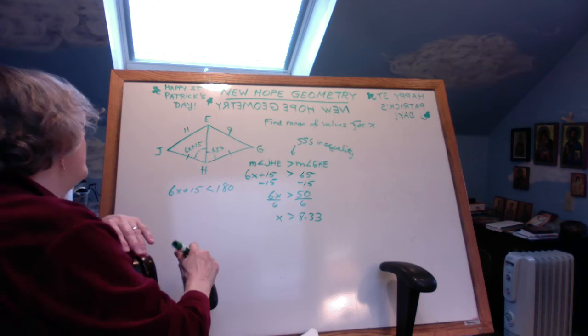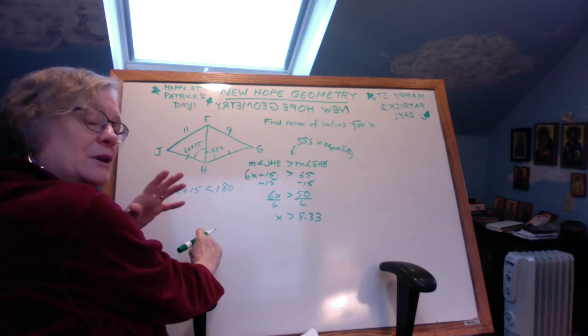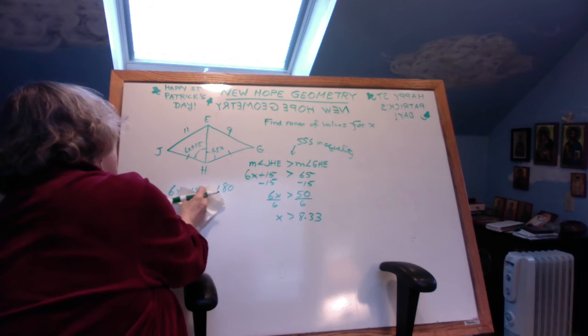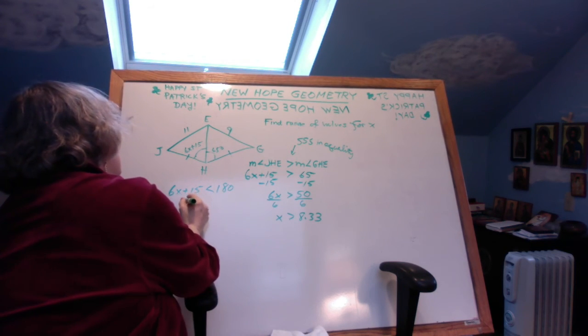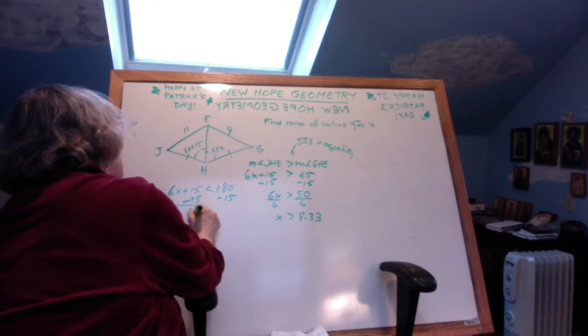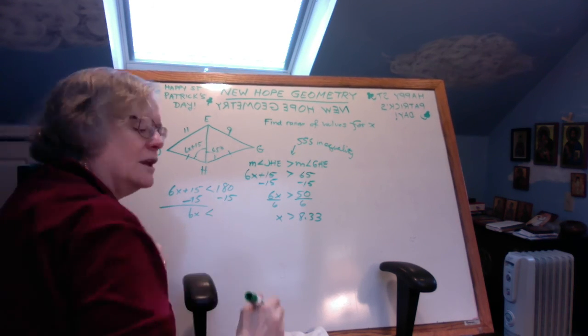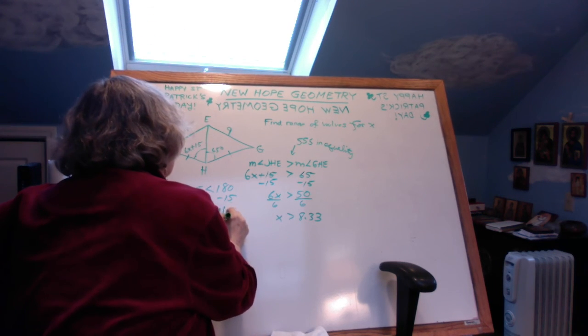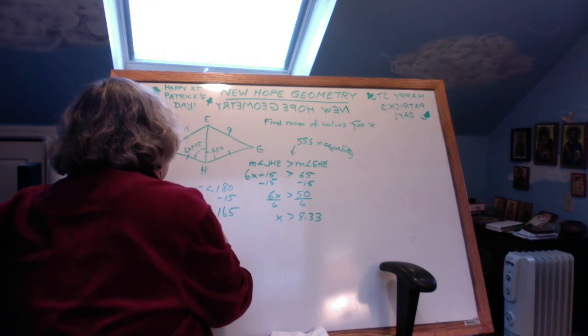All right, so we also know it can't be greater than 180. So let's do this. We can, once again, reduce this inequality. Subtract 15 from both sides. That gives us 6x is less than 180 minus 15, which is 165. And then divide through by 6.